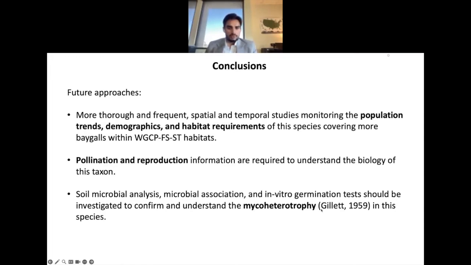In one of the studies, Gillett in 1959 says that this plant could be living through a mycoheterotrophic nature, which means it requires some microbial associations, either for its germination or any part of its life cycle.